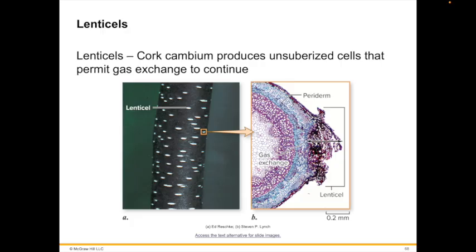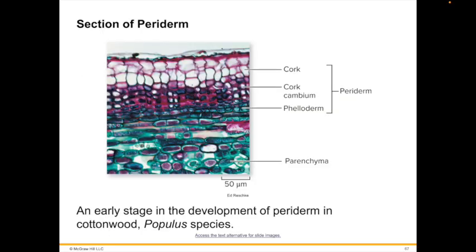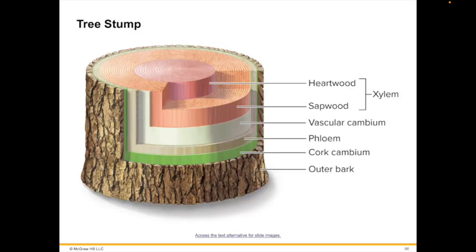And I see something that we have not gotten to quite yet. Bingo. Let me go back for just a moment. The cork cambium, the cork, and the phelloderm are collectively referred to as the periderm.